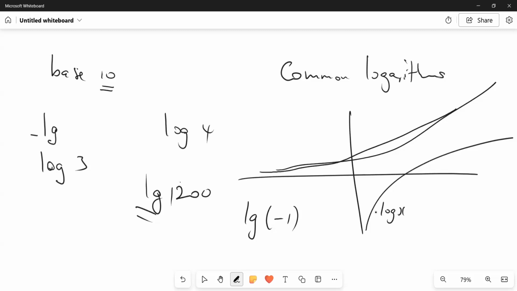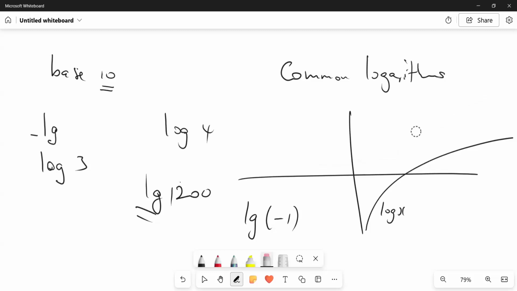The logarithmic function looks like this, so you don't have the negative x-axis, meaning you can't feed in a negative number. The logarithm of a negative number does not exist. So you can't find the common logarithm of a negative number.